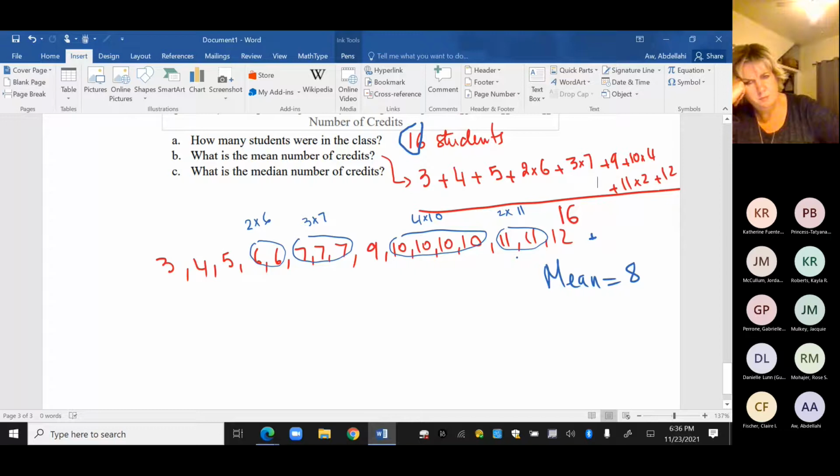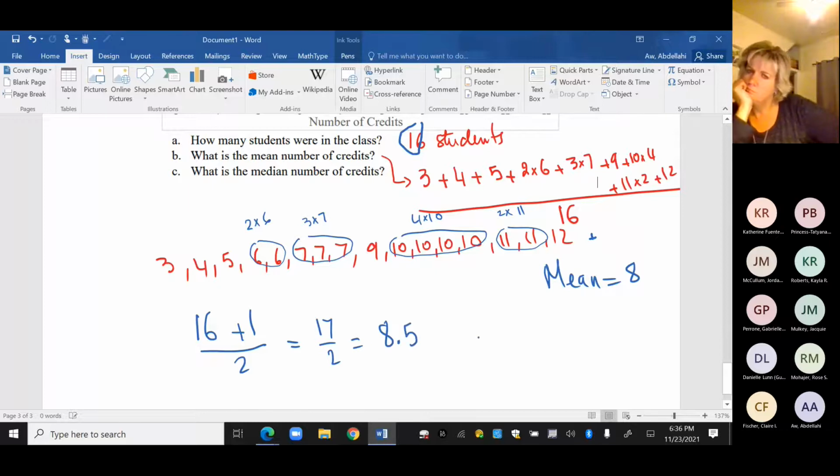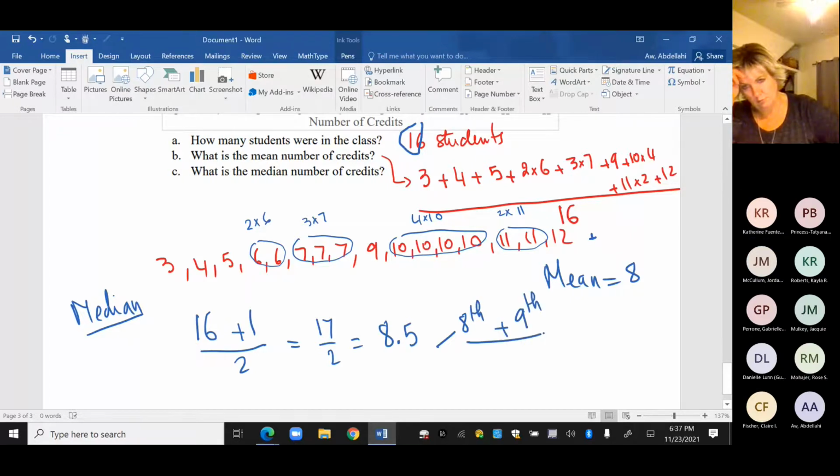What is the total number of data? 16, right? It says 16 plus 1 divided by 2. This is 17 divided by 2. This is 8.5. Which means what positions I have to add up to get the median? The 8th position plus the 9th position divided by 2.